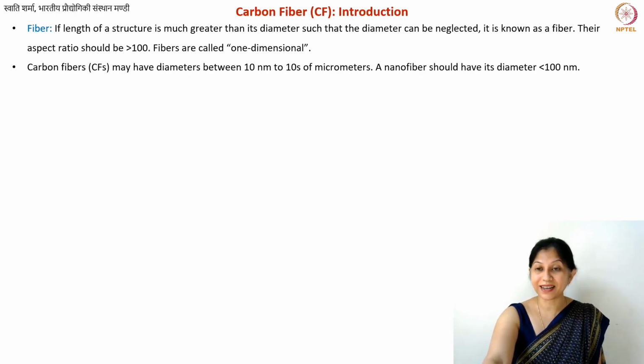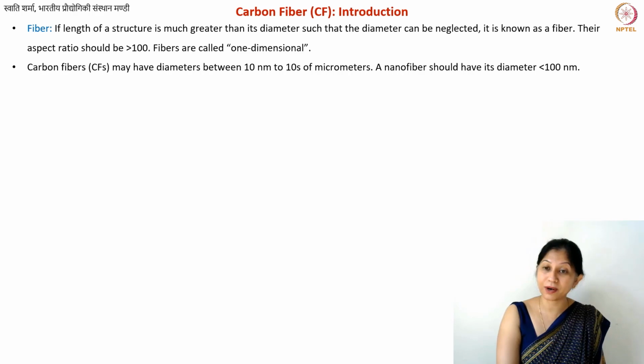One more important thing is that you say carbon fibers and not graphite fibers or glass-like carbon fibers. What is the reason for that? Because the carbonization mechanism of fibers is quite different from that of a bulk material, because you have a very high surface to volume ratio.